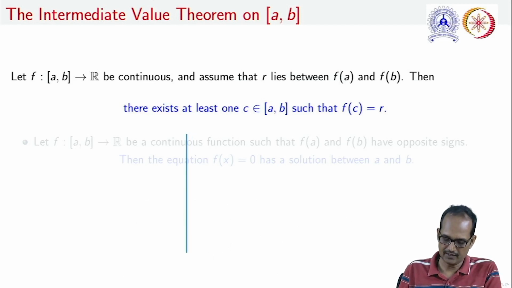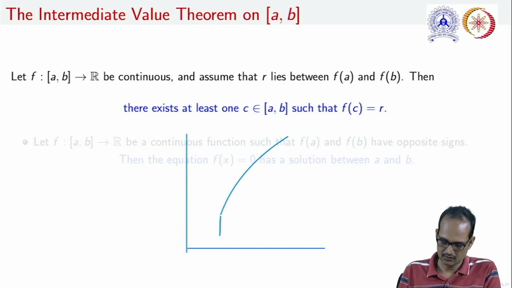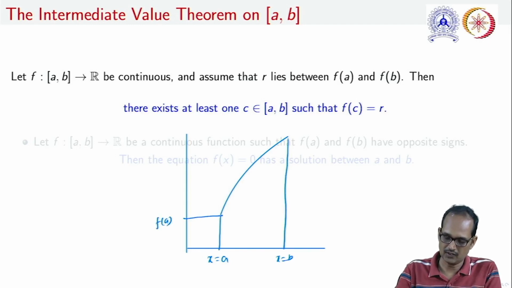So what we are taking is a function. Let us take this is the function. This is x is equal to a, and this one is x is equal to b. Let us take this as f of a, and let us take this one as f of b.